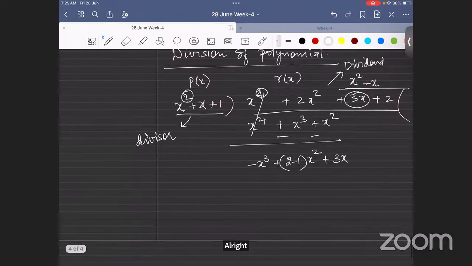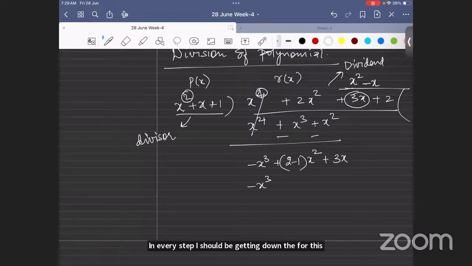Correct. So if I multiply x square by minus x, I get minus x cube, because in every step we should be cutting the term with the maximum degree of the dividend polynomial. In this case, x cube has the maximum degree, 3, so we try to remove it by multiplying with minus x.